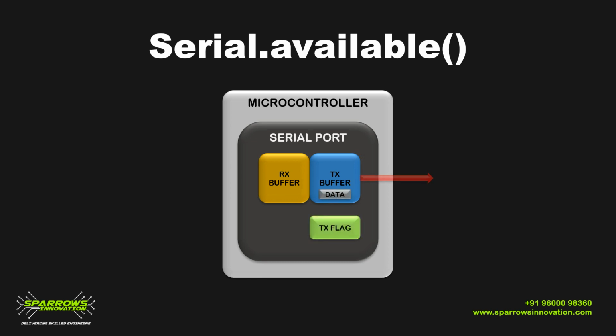When we place the data in the transmitter buffer, there is a flag called the transmitter flag, which is a single bit memory location. The flag value will be changed to logical 1. So when there is a logical 1 in the flag, there is data in the serial transmitter buffer.